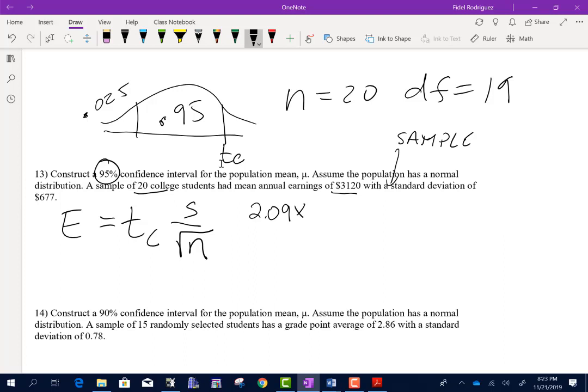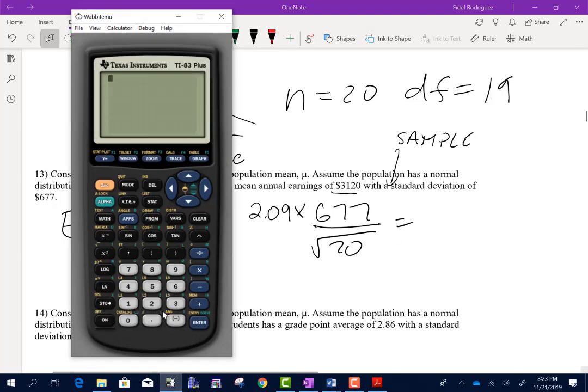Times, what is our S in this case? 677 divided by the square root of 20. Let me take my calculator, turn it on: 2.09 times 677, divided by the square root of 20.